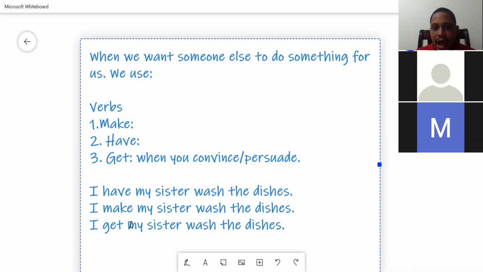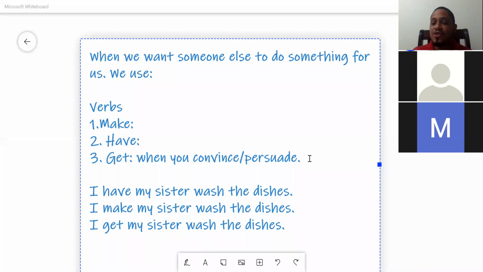I'm talking about a habit, a routine, something that I normally do. So I get my sister to wash the dishes, right? So my sister washes the dishes for me. If today is the day that I have to wash the dishes, I don't do it. My sister does it because I get my sister. I convince my sister. I persuade my sister to do that instead of me, you know?